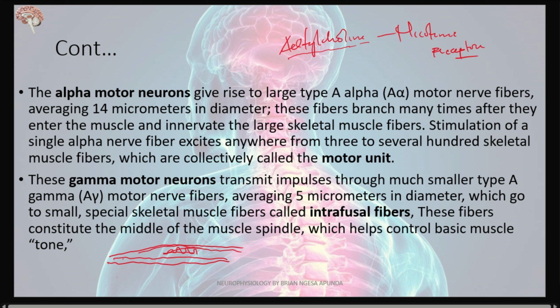This area is referred to as the intrafusal region, while the other area outside the intrafusal is referred to as the extrafusal. That means the alpha motor neurons will end up at the extrafusal, where you expect to have some Golgi tendon, while the gamma motor neurons will end up at the intrafusal fibers region, where you expect to find the muscle spindle.